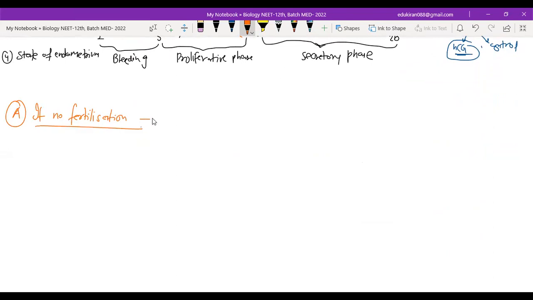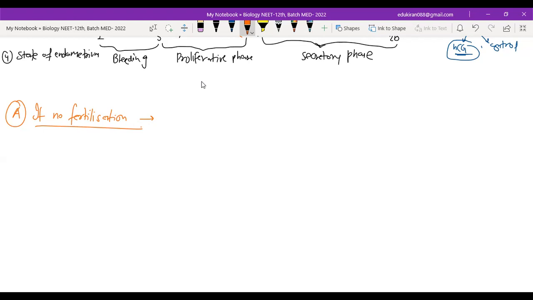So if there is no fertilization, then what will happen? Write down the first point: in the absence of fertilization, the corpus luteum degenerates into corpus albicans.